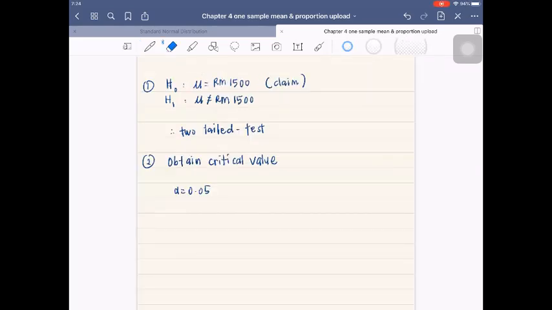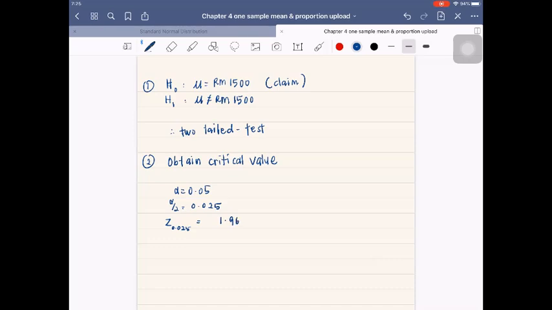Remember, we have a two-tailed test. Instead, we have two rejection regions, the right hand side and also the left hand side. So we need to divide our alpha by 2. Alpha over 2 will be equal to 0.025.